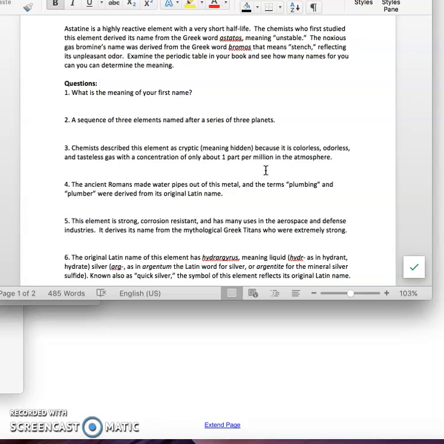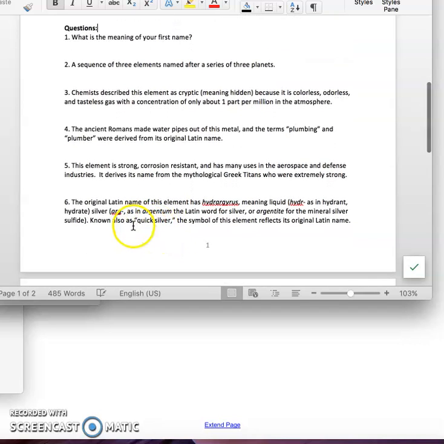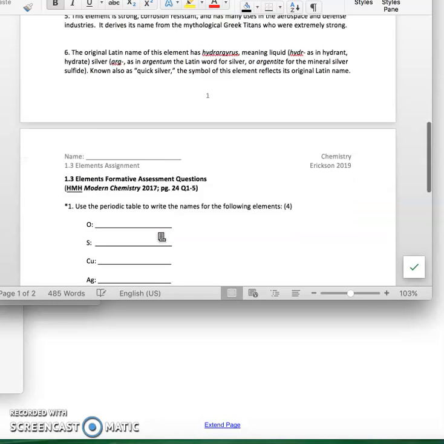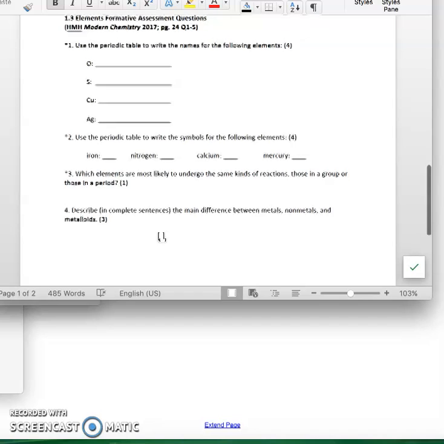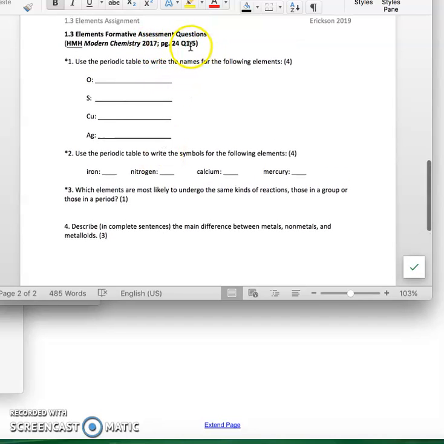So see if you can figure out which element they are describing. These are like clues, and you need to try to figure out what element they're describing by looking at a periodic table. And then the second page are questions that I took from your book.